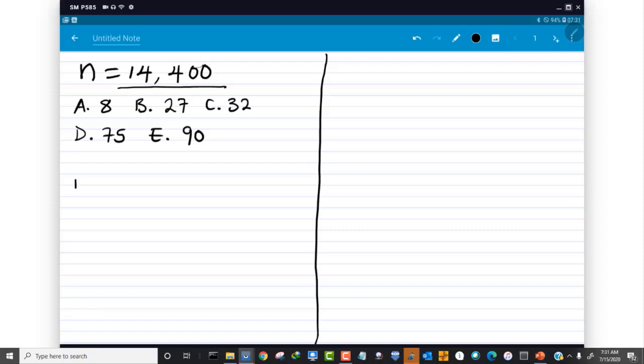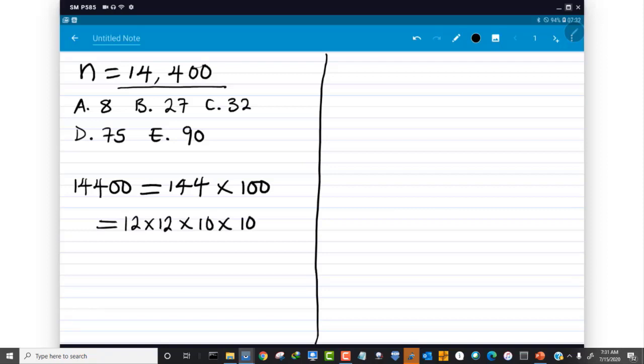I'll first express my 14,400 in prime factorization. Okay, now to do that, 14,400 is the same as 144 times 100. And this 144 is 12 times 12, while 100 is 10 times 10. So now my 12 is 3 times 4 times 3 times 4.